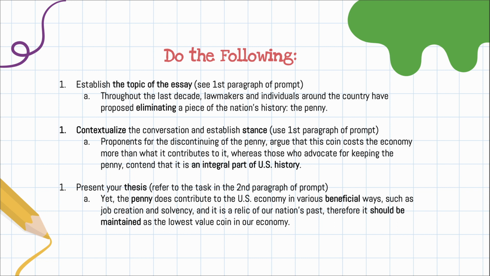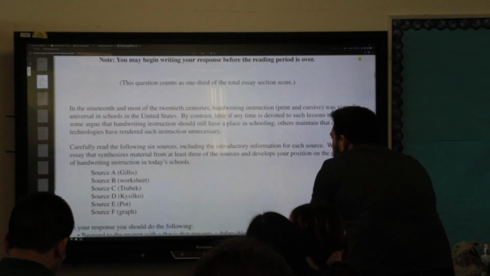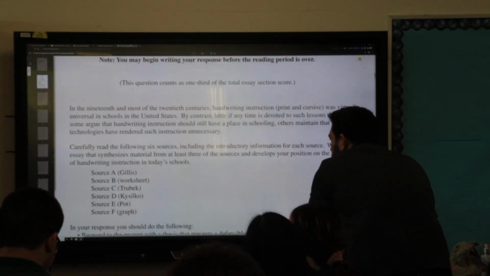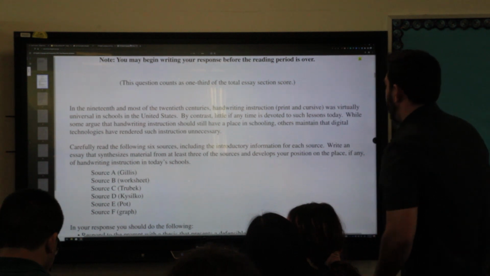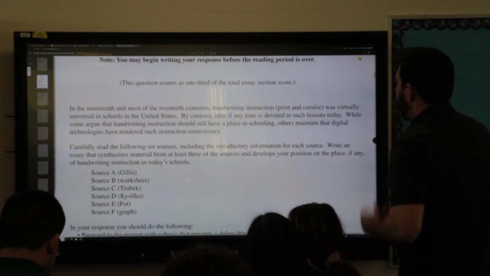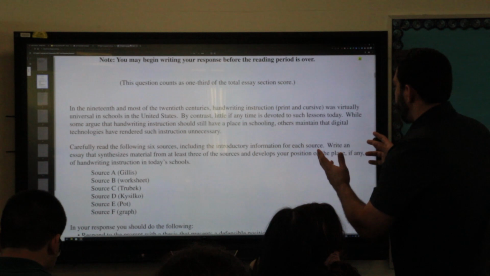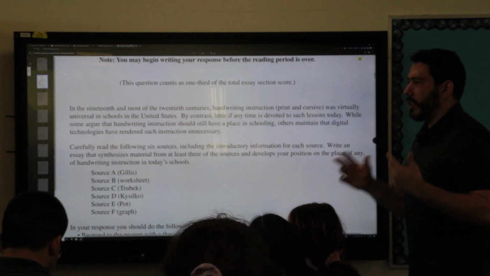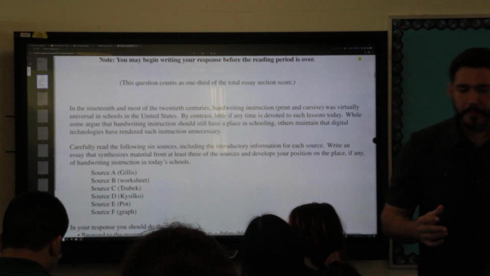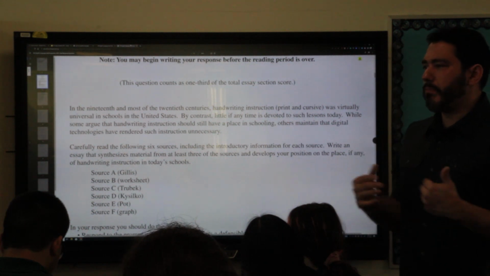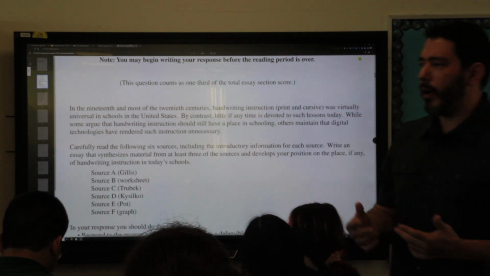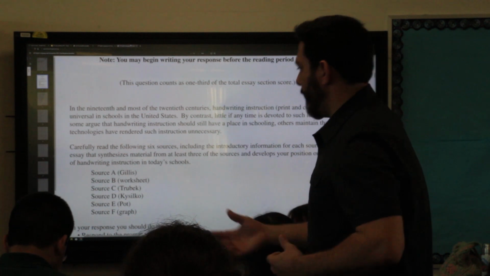Okay, so say that your prompt is STEM education. Okay, so I'm going to get out of here for a second. I'm going to go to the prompt. Let me go to this one. This one is the place of handwriting in today's schools. I may use the first paragraph and say that the contextualization of the conversation is that the world has moved in a certain direction where handwriting is not as useful anymore.